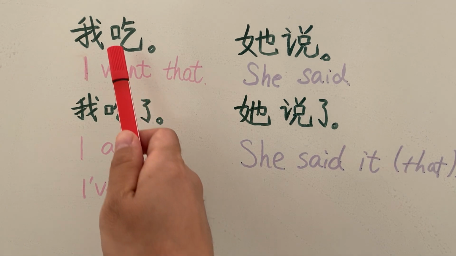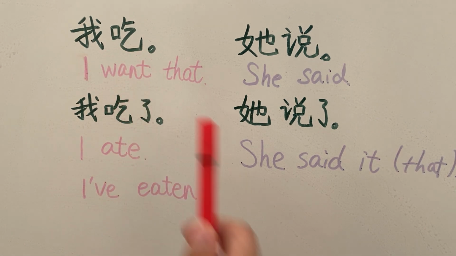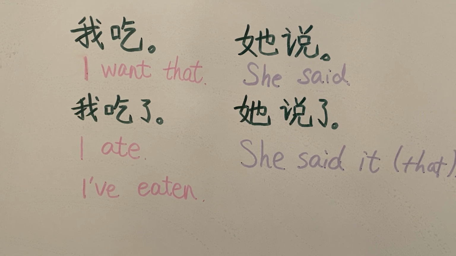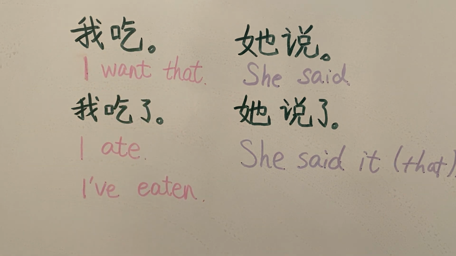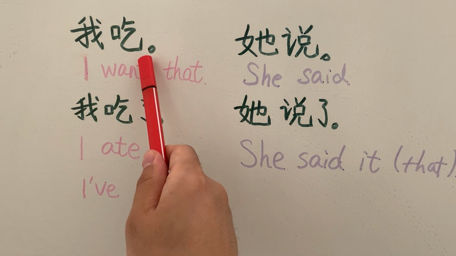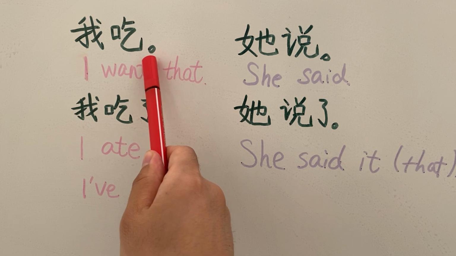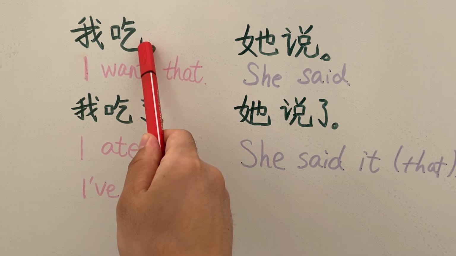So Chinese verbs can be used alone. Sometimes le can be used as the suffix to indicate that the verb happened in the past, right? Like this one, 我吃. This one is a period, right? Period. The Chinese period is hollow. The circle is hollow.